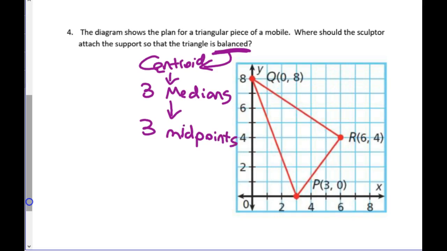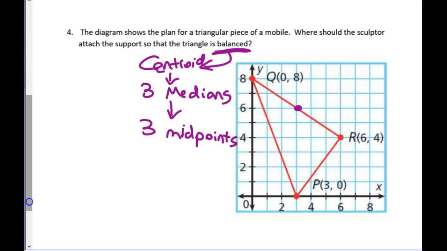Halfway. So, check it out. Here's how I would find the midpoint of QR. Left to right, how many units does QR go? 6. So half of 6 is 3. So 1, 2, 3. I go straight down, put a point there. That's my midpoint.